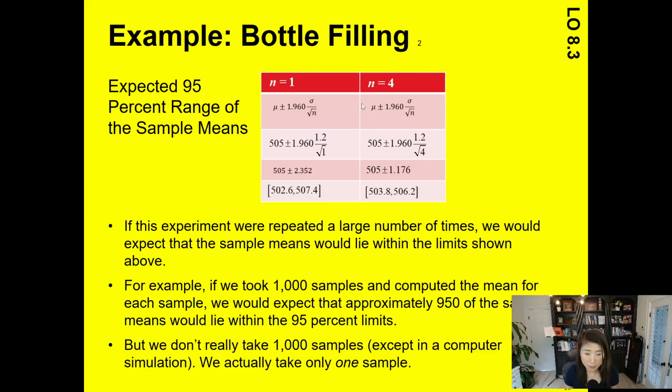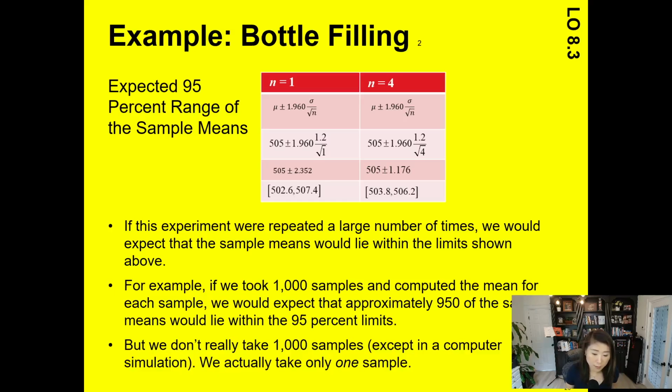Similarly, for the second scenario, say I go back for 1,000 samples, each sample has 4 bottles, and I compute each sample mean. We expect that approximately 950 of the sample means will lie between 503.8 and 506.2. That is how you interpret this range of the sample mean.